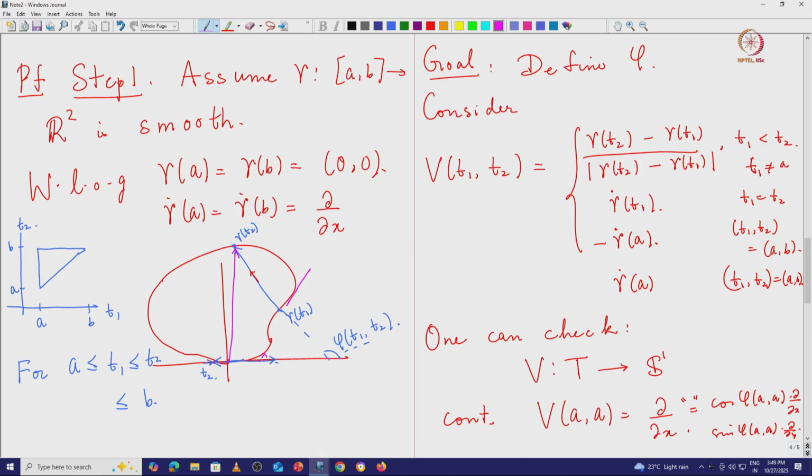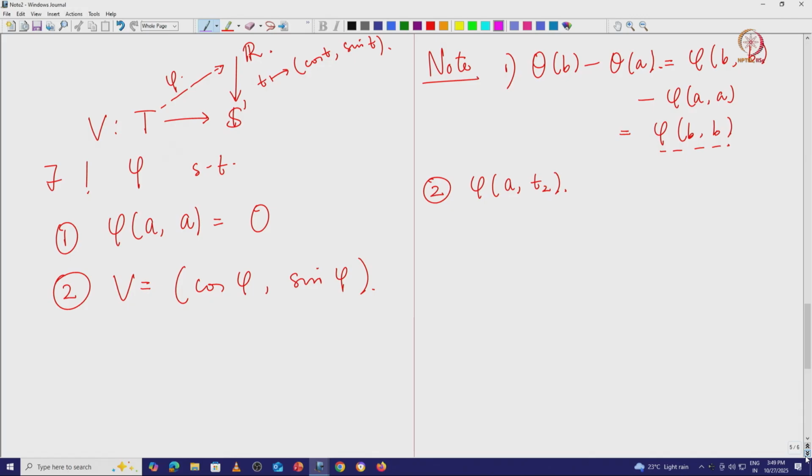Now because I have normalized so that the picture is tangential to the x axis at a and the entire picture is in the upper half space, clearly with the normalization that phi of (a, a) is 0, this angle is going to be between 0 and pi. You take whichever point you want, this angle is going to be between 0 and pi.